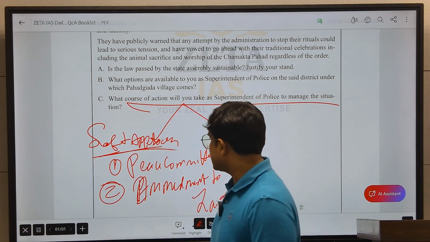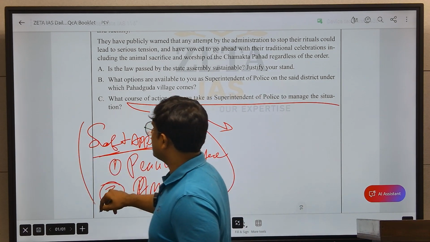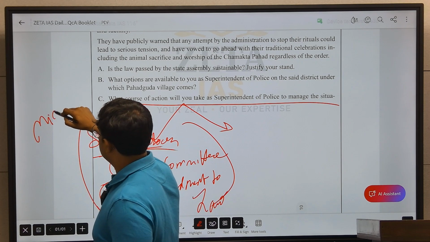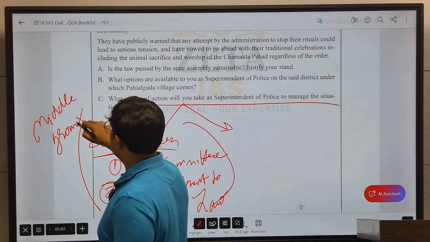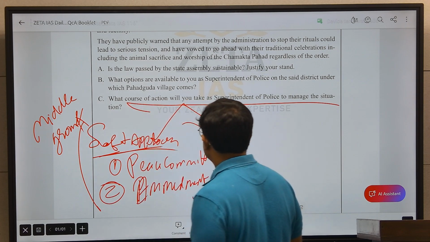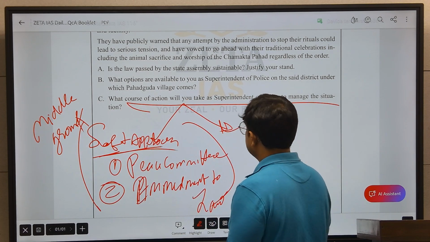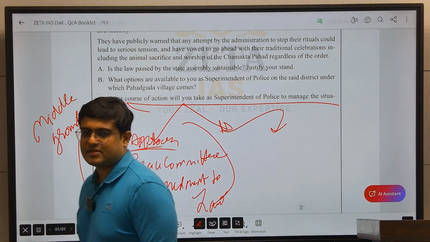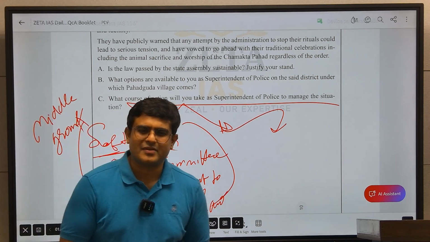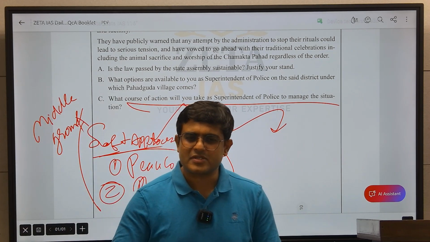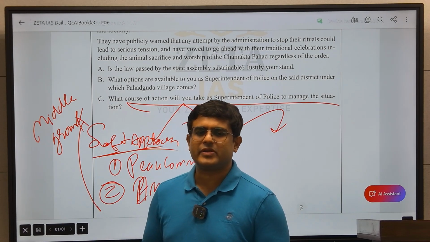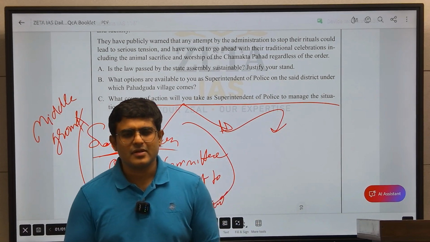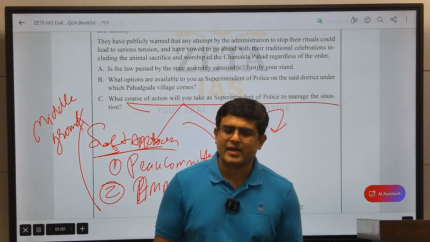But if this doesn't work and middle ground is not found, then you allow them to celebrate with proper police protection, so that there are no differences between the communities, but also warn them that once you celebrate there will be legal action.